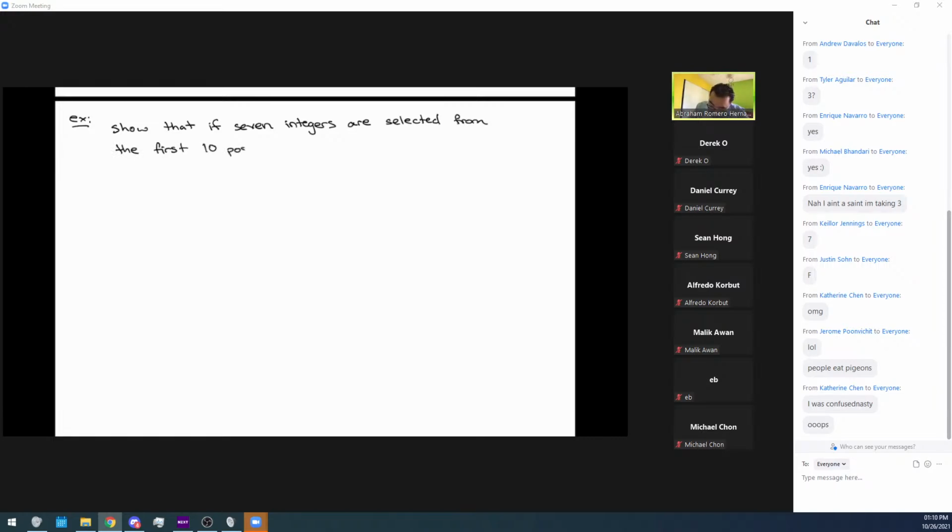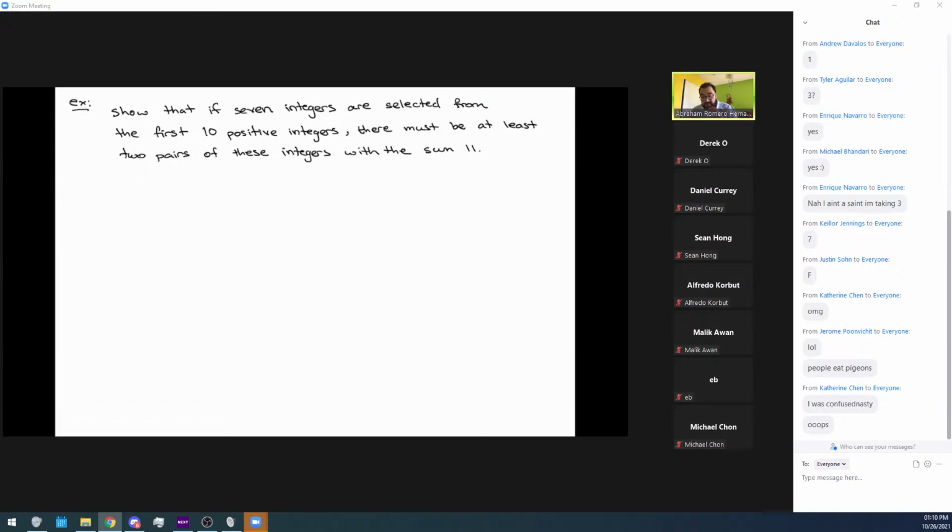Show that if 7 integers are selected from the first 10 positive integers, there must be at least 2 pairs of these integers with the sum of 11.